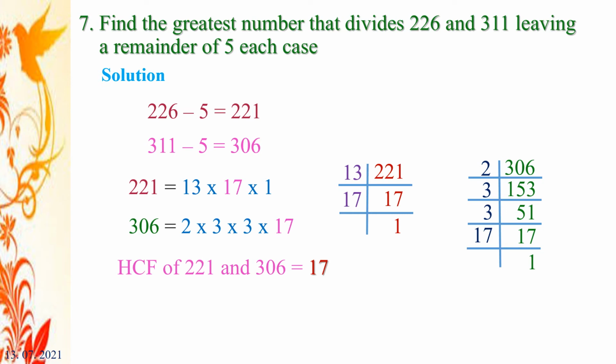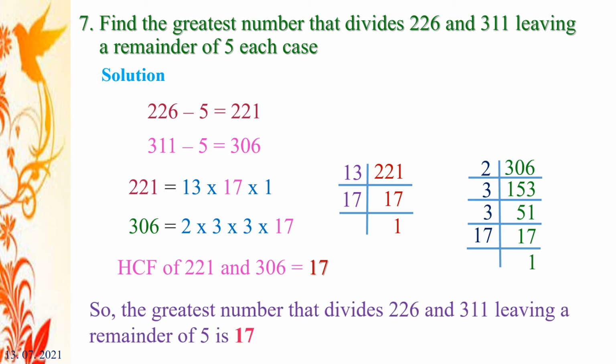So the HCF of 221 and 306 equals 17, because the common factor is 17. So the greatest number that divides 221 and 306 is 17.